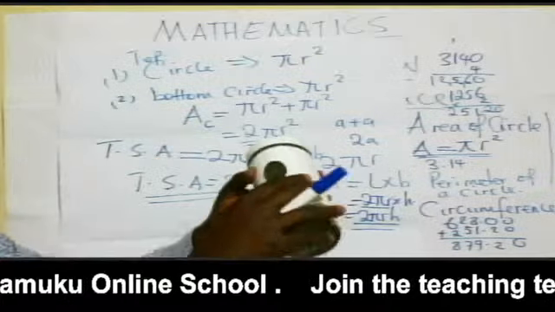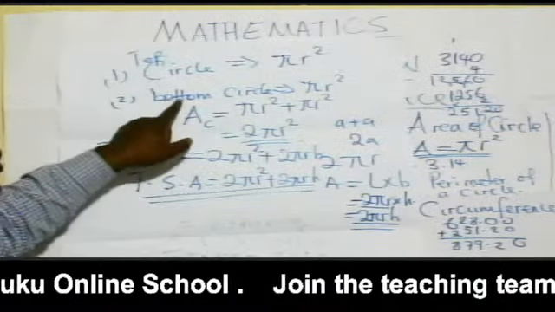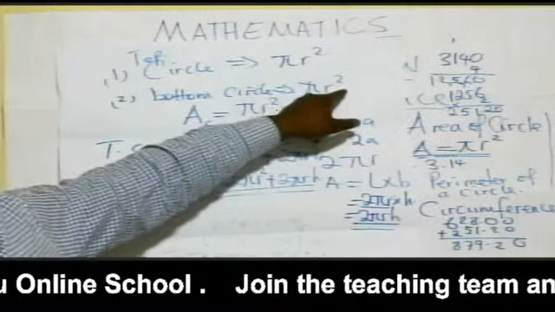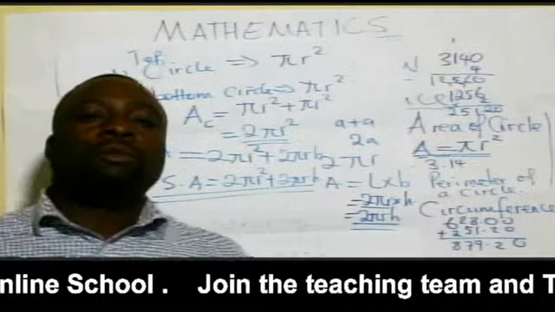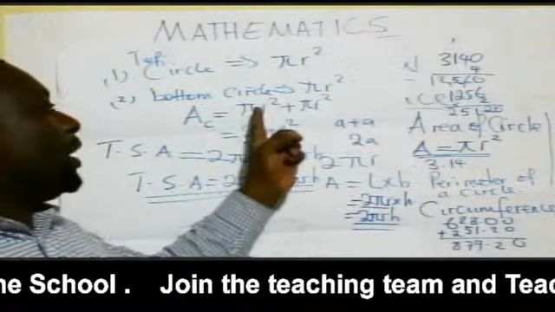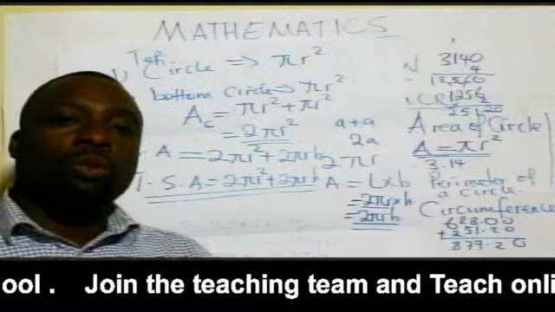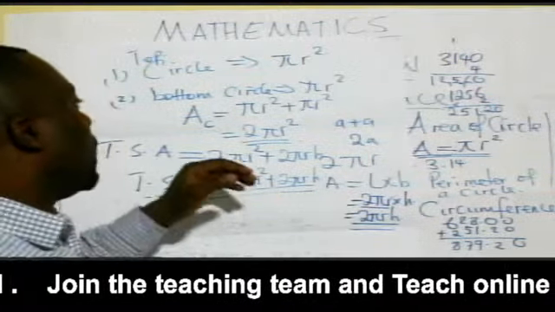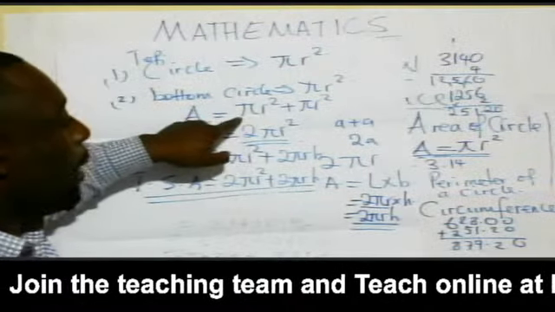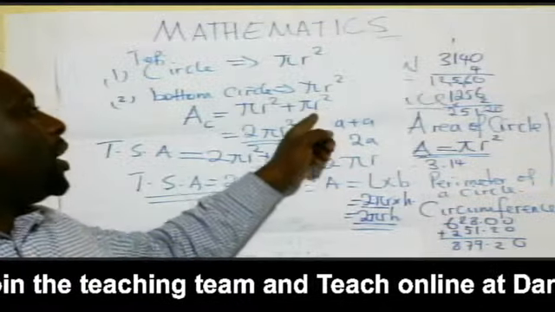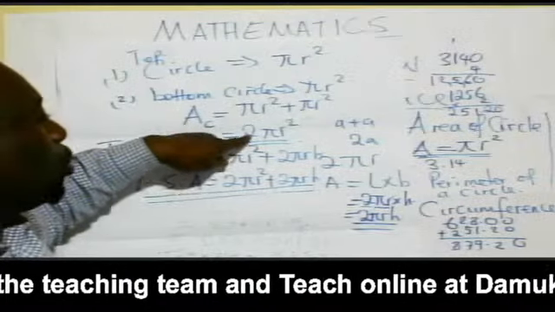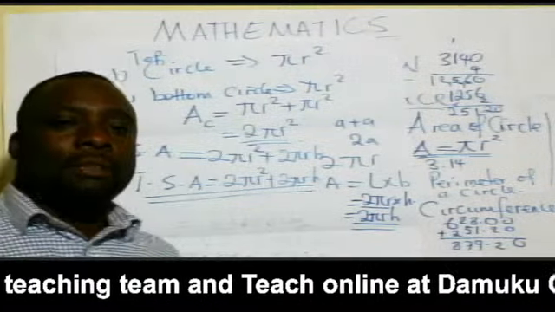And we also have the bottom circle, which also has the formula pi r squared. So we can use algebra to factorize. Because to find the total means we are adding, we add the top area plus the bottom area. Once we add, we're going to have 2 pi r squared.